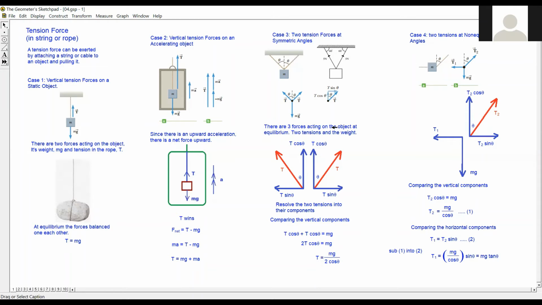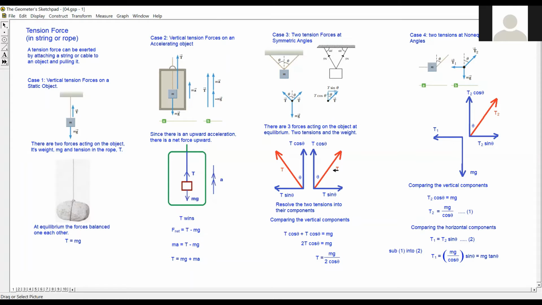Okay. Right. So if this is the case, if the 3 forces are at equilibrium, okay, we are going to resolve the 2 tensions into their vertical and horizontal components.